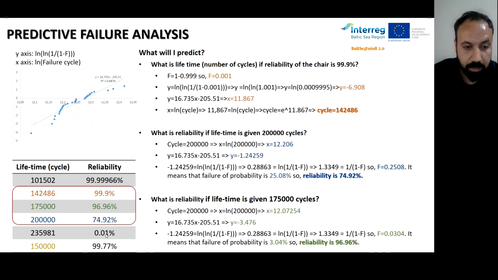That's why I give 0.01% reliability, and for this one I have 235,981 cycles. If my product, my chair, or my furniture construction has 0 probability, I need to reach that number.